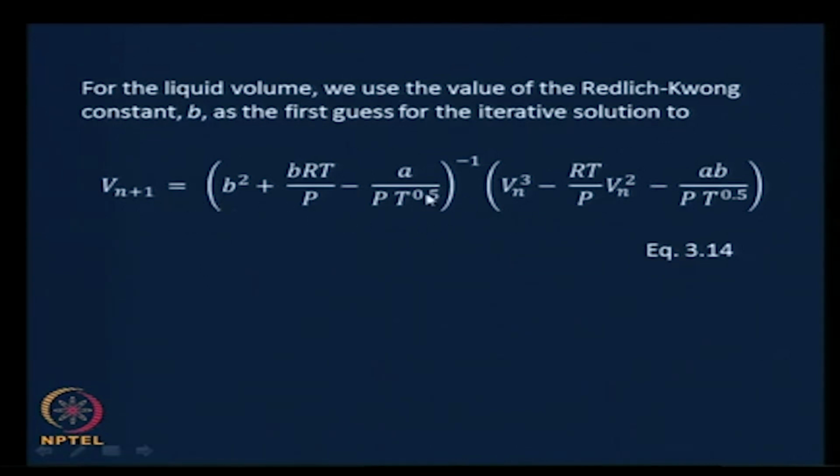To be able to do this we have all the values: we have B, we have RT, A, and as long as we keep substituting the appropriate guessed values we will get the calculated value. And we said that the first good guess would be the value of B, which represents the volume of molecules that are present in the pure substance.